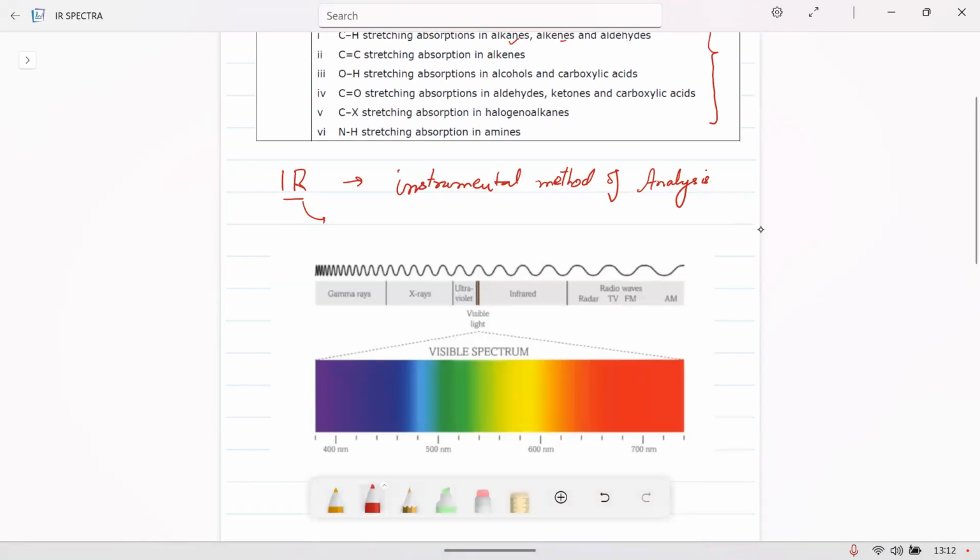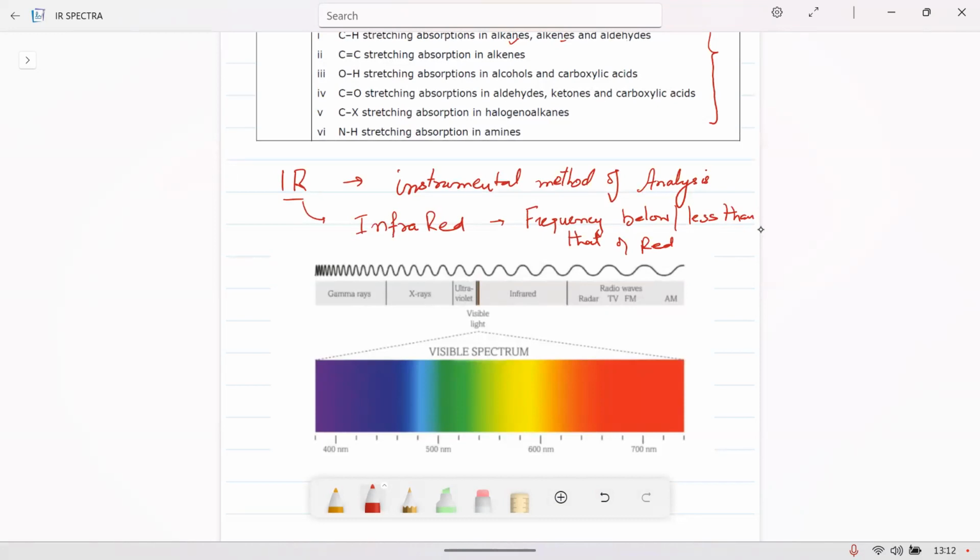The IR stands for infrared. Now these infrared radiations have a frequency which is below or less than that of red. So that is why infra means less than red.